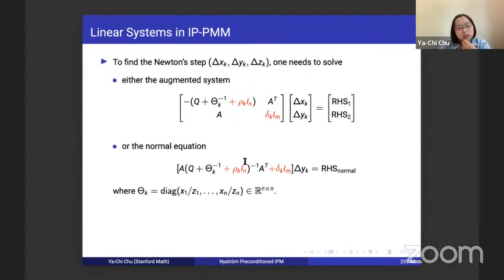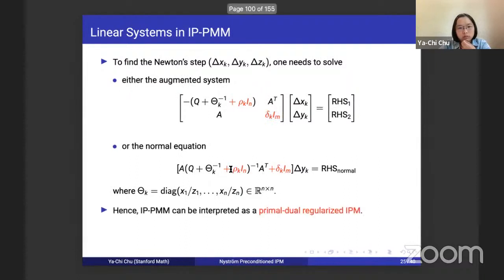These two systems are standard in IPM method, except that we have two regularization terms here, one is rho, one is delta. In the literature, this kind of modification for the IPM is known as the primal dual regularized IPM. So IPPM is actually one variant of primal dual regularized IPM.